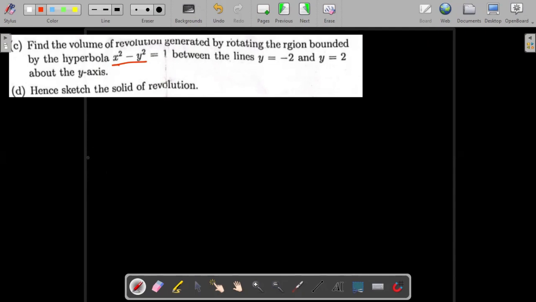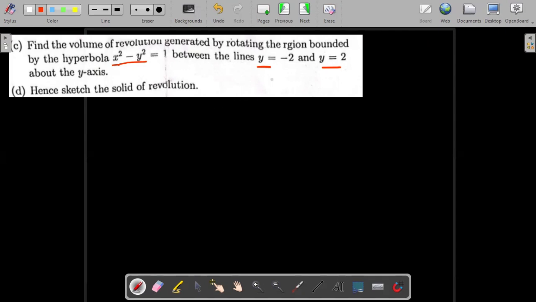So now, how do we find the volume? When you look at this part of the question, what is bounding this here is the y-axis. So the axis of rotation for this revolution is the y-axis.